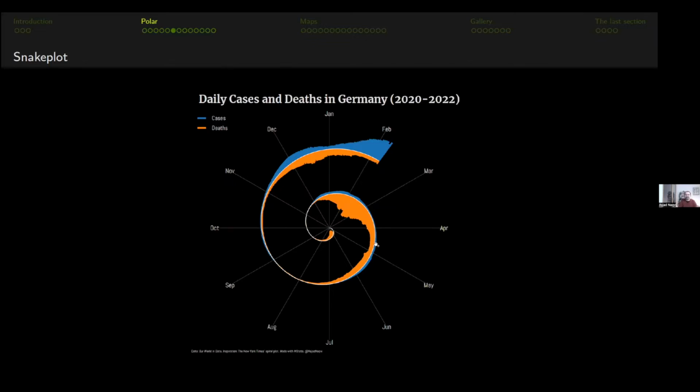I will write up briefly on how to do it, but this is my own rendition of that graph, where each spiral is a year starting from 2020, 21, going up to 22, and we have cases and deaths as spikes coming out from this chart. Again, this is a visualization I would basically not use anywhere. This was more of a programming challenge, to see if we can even do this.